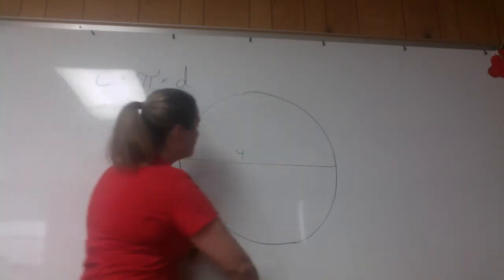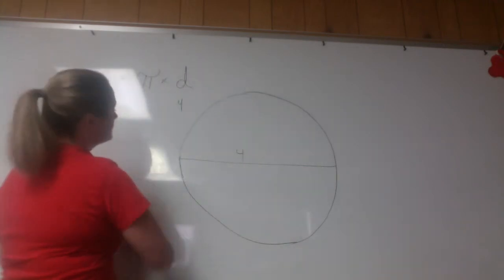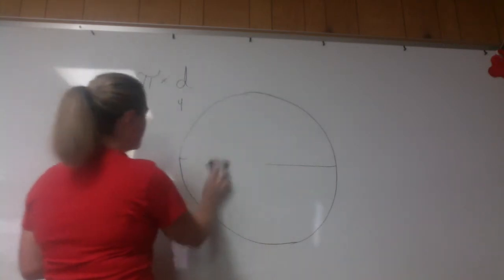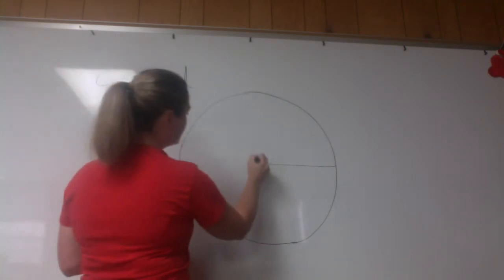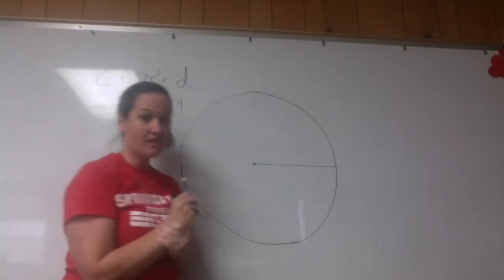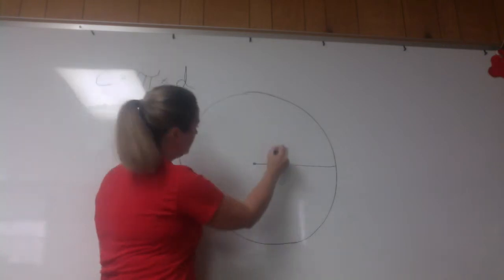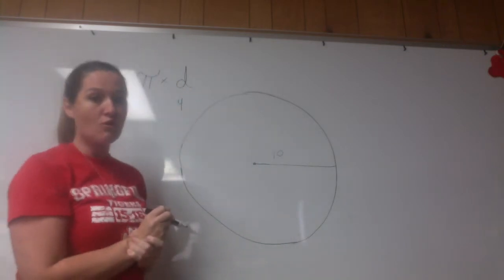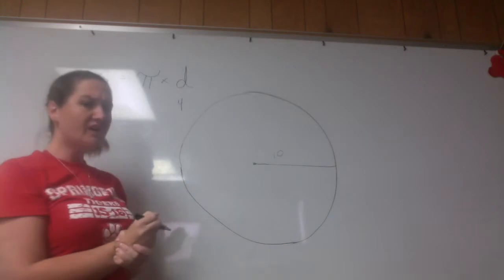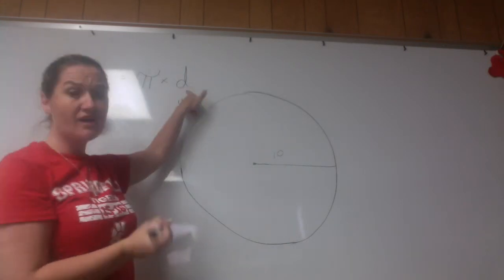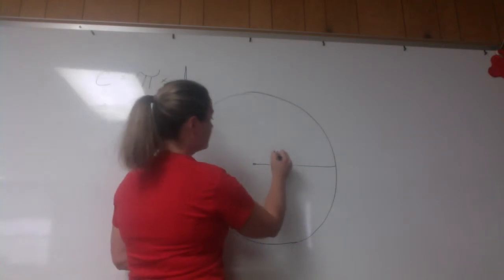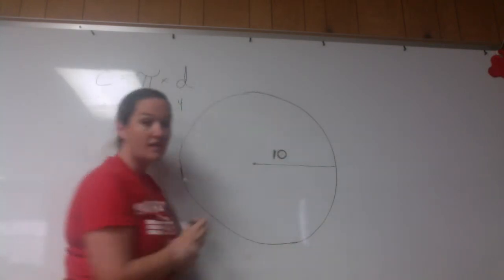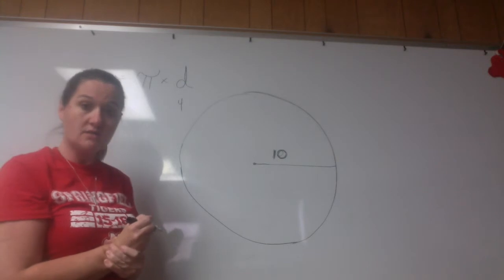Now, they may give you an instance where they won't give you the diameter. They'll give you the radius. They'll say, okay, the radius is 10. What's the circumference? Well, what do we have to do? We can't just plug in 10 for the diameter because 10 is not the diameter. It's the radius, okay? So if 10 is the radius, what is the diameter?